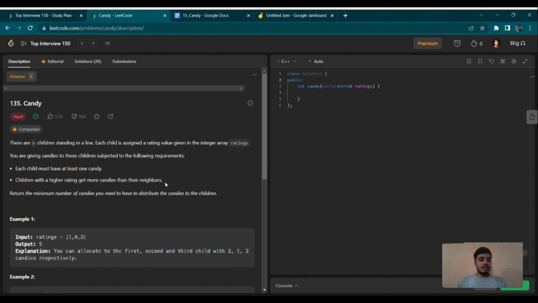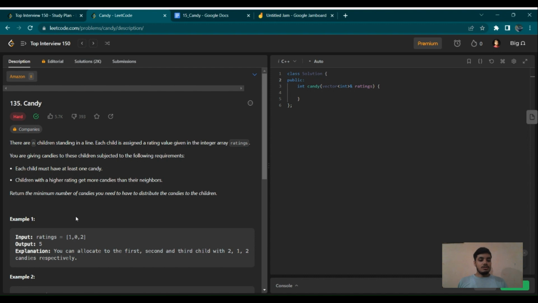So what is given in this question is that there is a ratings integer array, and based on this rating we have to provide candies to the children, and the conditions are that each child gets at least one candy. Every child must have at least one candy. And the second is that if a child has a rating higher than his neighbor, then definitely his number of candies must be higher than its neighbor.